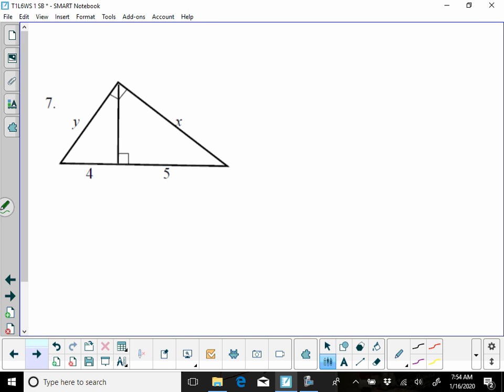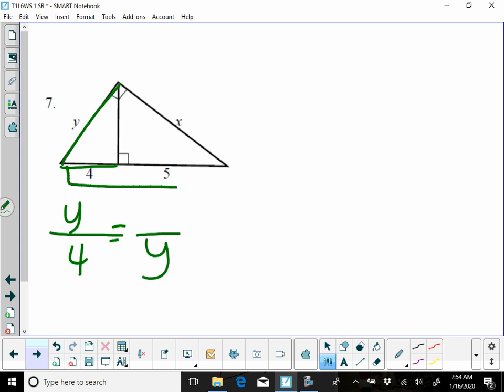So height up, height down. I don't have to though. X nor Y are on my height. So let's try the other formula. Let's go leg up, leg down. So let's look at Y. So we'll go leg up, leg down, hypotenuse piece, hypotenuse.